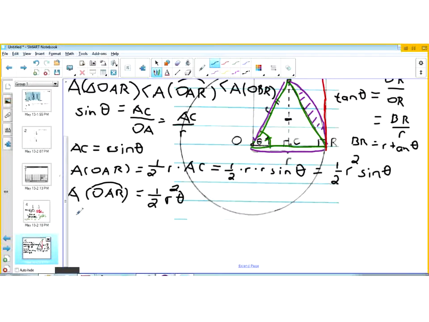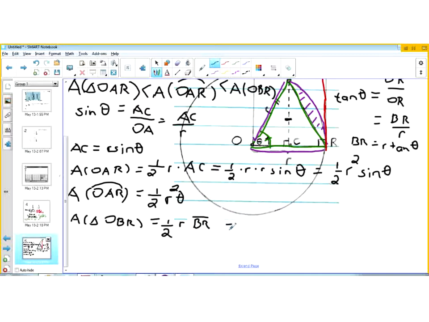Okay, so now let's calculate the area of triangle OBR. So the area of triangle OBR is equal to 1/2 the base length, which is R, times the height, which is BR.